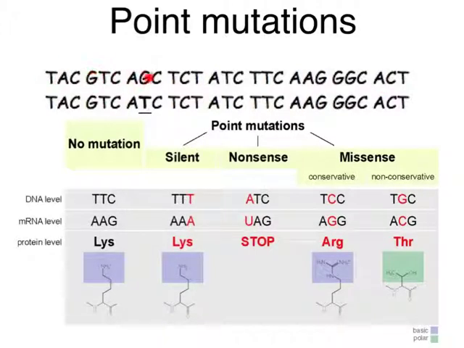Okay, so this sequence right here that I'm highlighting for you right now is your normal DNA sequence. And we're going to use the exact same sequence as we go through each of these different types of mutations. The ones underneath are going to be the mutated DNA sequences.